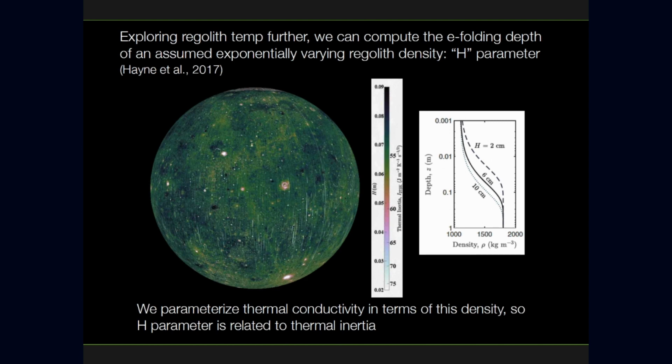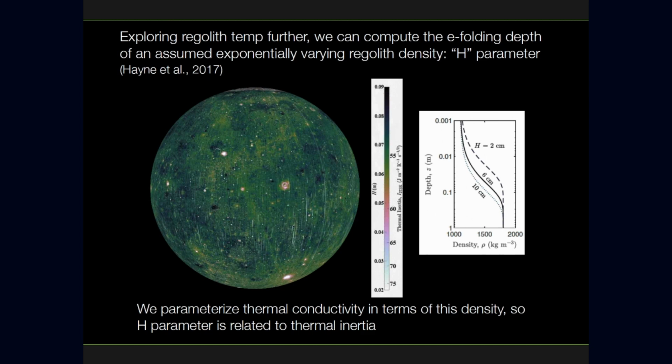The most appropriate model for the structure of the regolith that goes into that model is a density of the regolith that varies in an exponential way, and the H parameter gives the scale of that exponential variation.